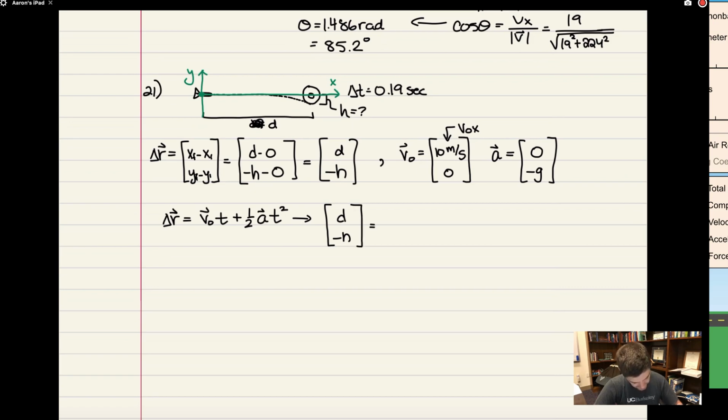The left-hand side is that displacement. The right-hand side is the initial velocity in the x direction times time. And then there's no acceleration in the horizontal direction. So then that's it. In the vertical direction, there's no initial velocity, but there is an acceleration term.